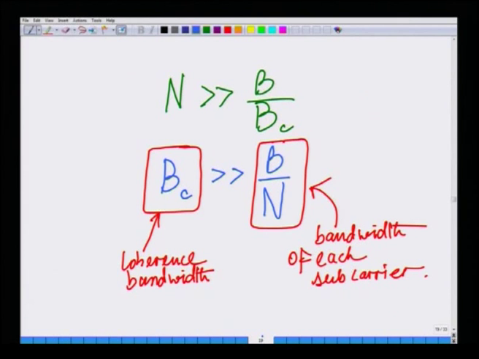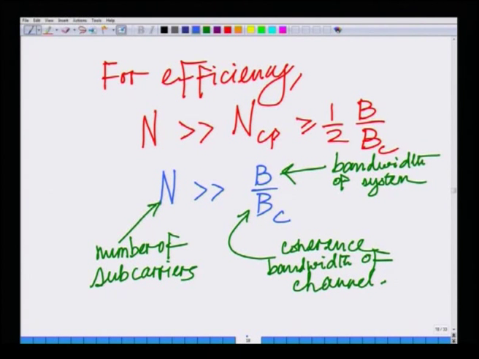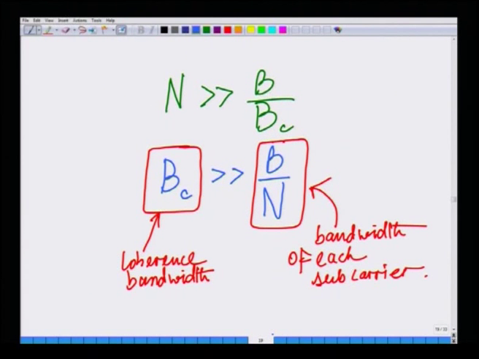We said we want to arrive at a scenario such that the subcarrier bandwidth is much less than the coherence bandwidth. Now this shows a limit on the number of subcarriers. It says that the number of subcarriers has to be chosen such that it is greater than the cyclic prefix, which in essence is related to the bandwidth and the coherence bandwidth of the system.